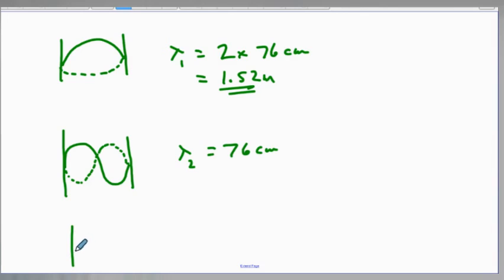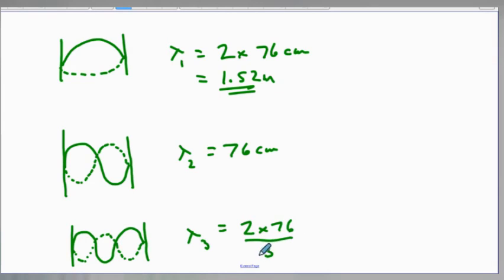The third one, once again, dotted under, will be 2 times 76 divided by 3. And I'm calculating 50.66666, round that off to 50.7 centimeters.